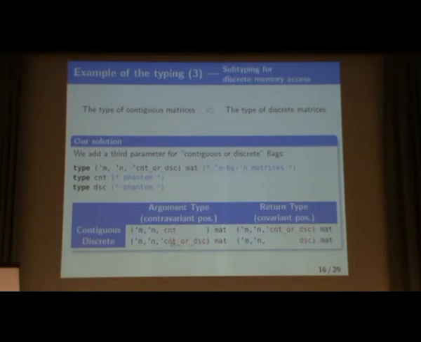And if the function can take both contiguous or discrete matrices, then it's polymorphic about the type of the memory layout of the argument matrix. For the return type, if the function returns a discrete matrix, then it returns this type. And if the function does return a contiguous matrix, then it can be considered both contiguous or discrete, because the latter is the supertype of the former. So the return type is polymorphic. Just by this type-level trick, this subtyping is encoded into ML polymorphism.